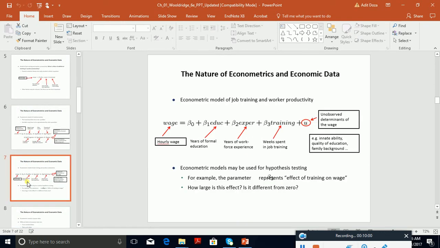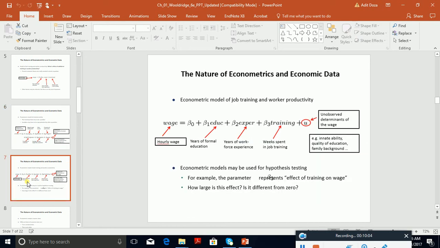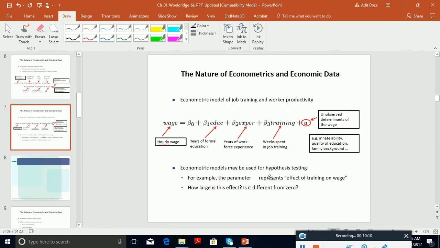So from chapter 1, they have a few examples on crime, the model, and also wage. I usually like the wage part, so maybe read this.